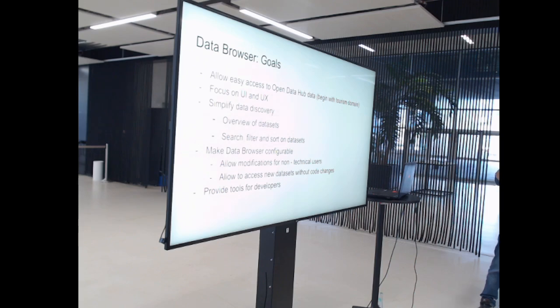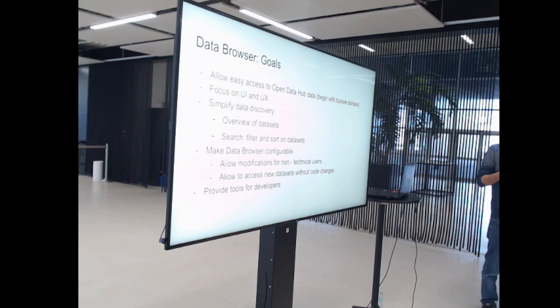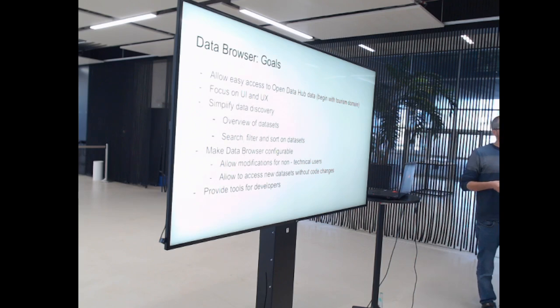For that, for example, we have an overview of datasets. This is something simple and easy, but it's helpful to have. We have search, we have filters, we have sorts of datasets, so you can trim down your question quite easily and take a look: is there something in for me?